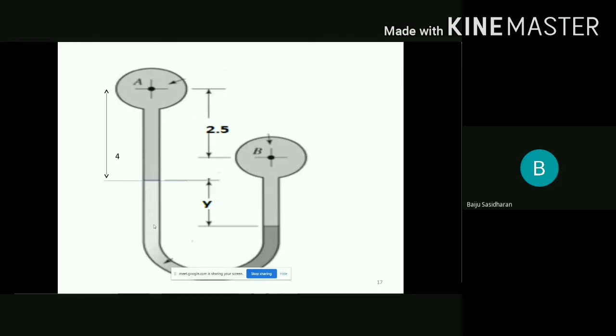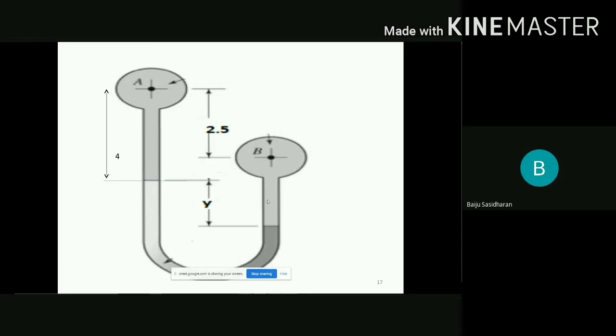then we can simply say that PA plus ρ1 into G into 4 plus ρ2 into G into Y, that is in the left side. What will be the right side? It is PB plus, that this level difference you have to find out. That is 4 minus 2.5 will give this level difference.